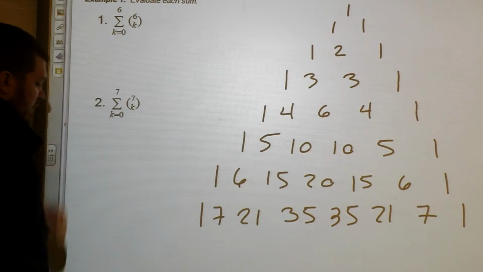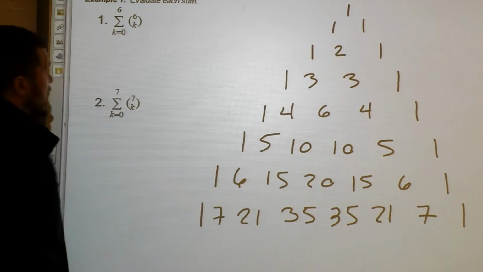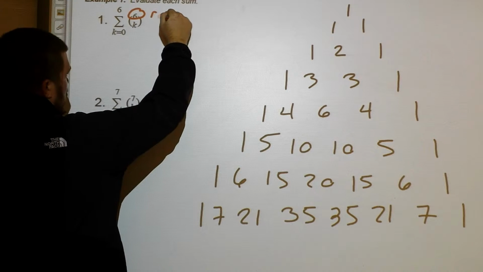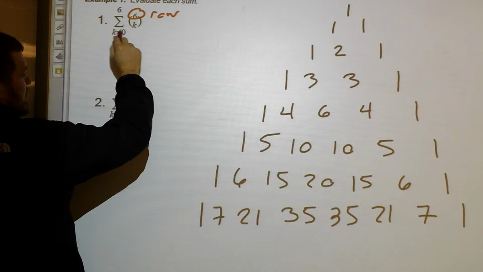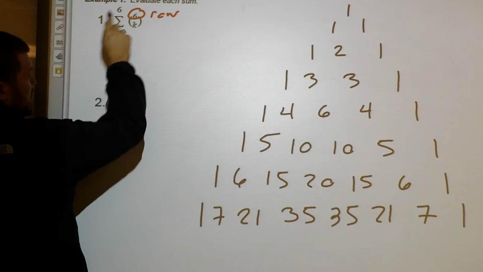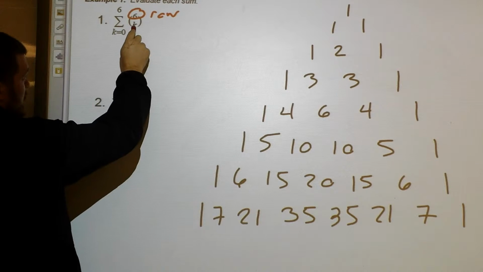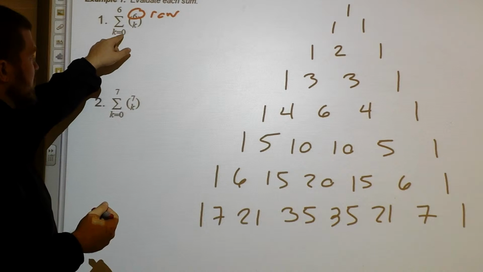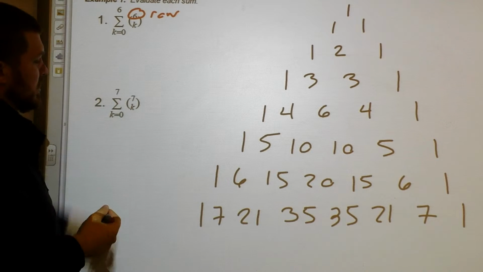So now for the first problem, what we're trying to find is we're in the 6th row. Again, the top number is the row. And we're going to go from the 0 deep to 6 deep in the 6th row. Again, we're just replacing k. So let's first create the sequence. We're going to go from the 0 position to the 6th position in the 6th row.